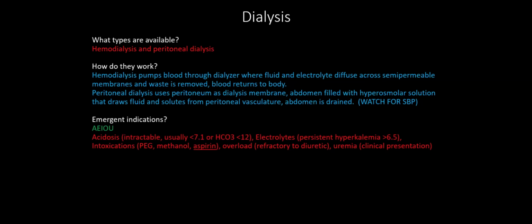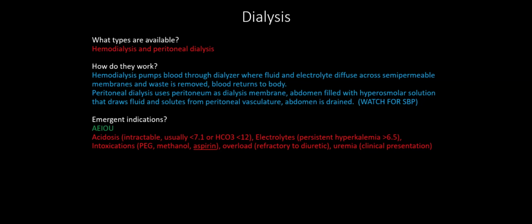So, like you mentioned, acidosis, intractable, different criteria for this, but really it's that you're not able to solve it with medical management. It's not resolving the way you want. So, if the pH is less than 7.1 or bicarb less than 12, those are just general parameters, despite medical management, once again. The electrolytes, specifically for the purposes of exams, if you have persistent hyperkalemia greater than 6.5, that's usually where you're needing dialysis.